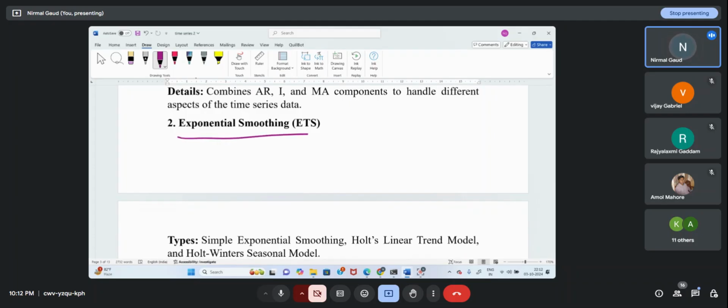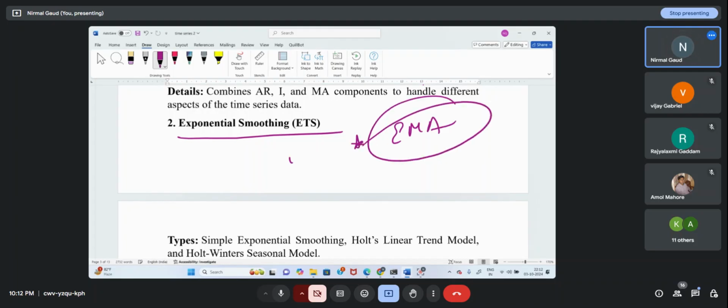Exponential smoothing also, that is exponential moving average. We do use this technique also. Very important. We apply this EMA in deep learning while studying the concept of optimizers.